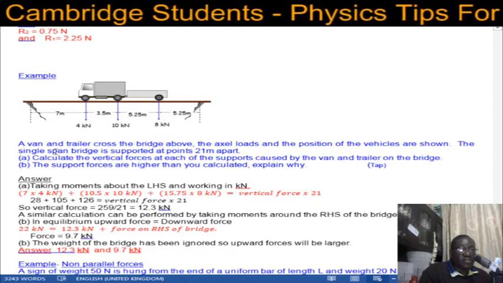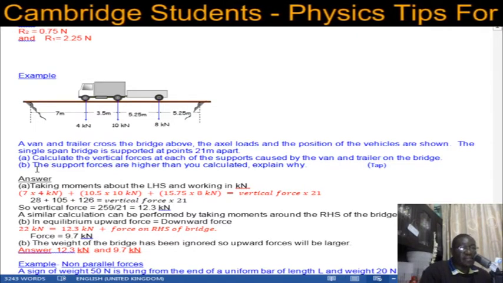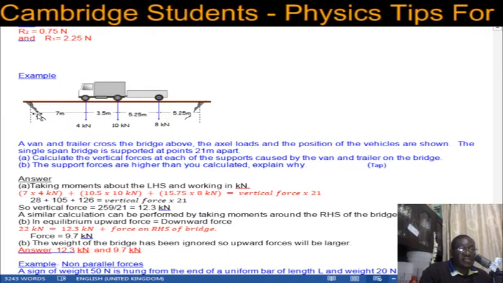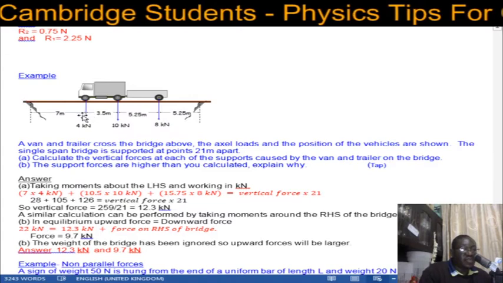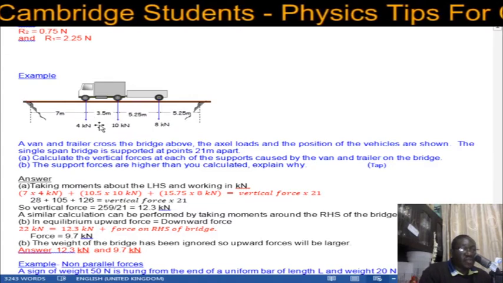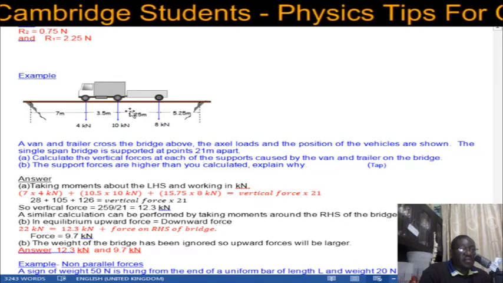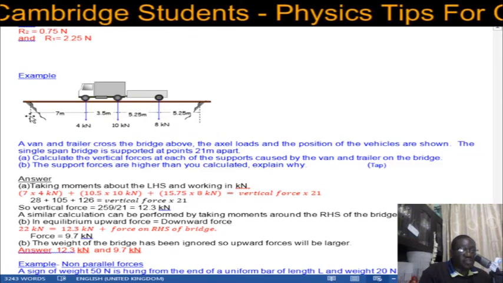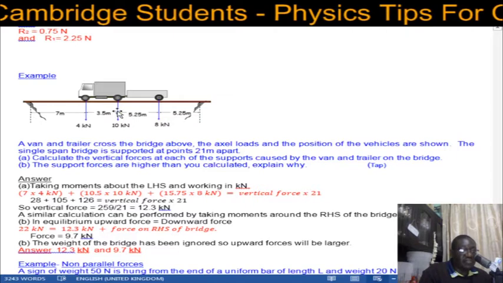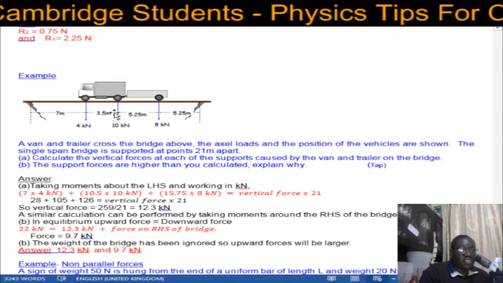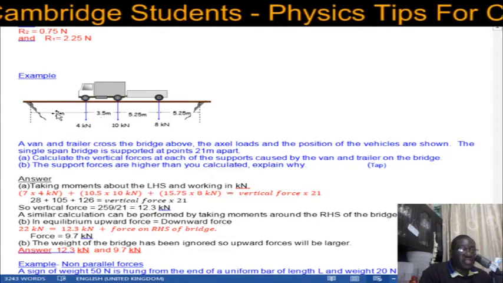So what you do, you can take moments about the LHS, which is the left hand side here. Which means you've got how many clockwise moments? 1, 2, 3. So this one will be 4 kilonewtons times 7, plus 10 kilonewtons times the total distance, which is 7 plus 3.5, and then plus 8 times the total distance, 5.25 plus this.